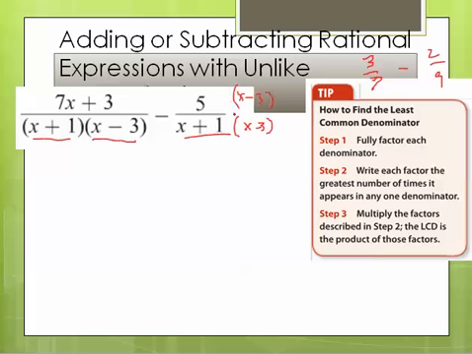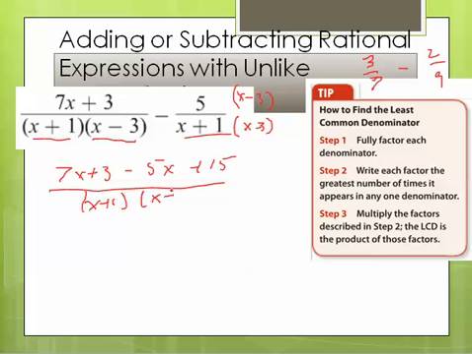But I can use the distributive property on the top over here. And then I do have a common denominator, and it becomes 7x plus 3 minus 5x minus 5 times minus 3 plus 15 divided by x plus 1 and x minus 3. Okay? Combining my like terms, 7x minus 5x is 2x. 3 plus 15 is 18.